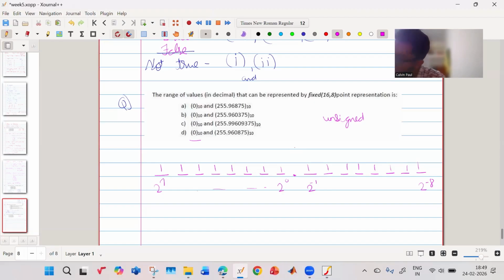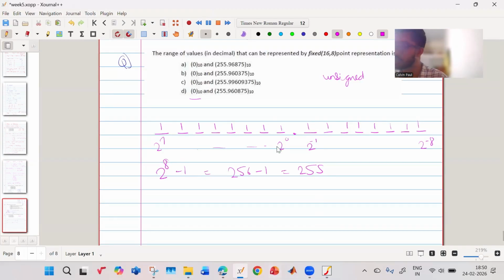So the maximum value on the integer side you can get easily as 2 to the power 8 minus 1. That is 256 minus 1, that is 255. Now we have to be concerned about the fractional part.